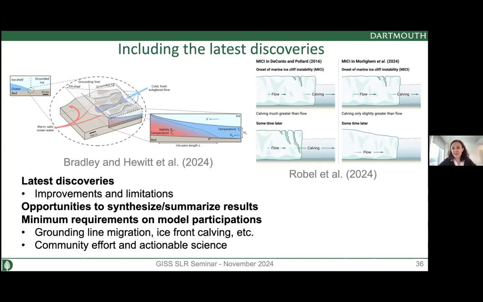Same thing with the marine ice cliff instability. It's been around for about a decade now. It's really changed our perspective on ice sheets, showing that some retreats could happen a lot faster than what we've been thinking about.